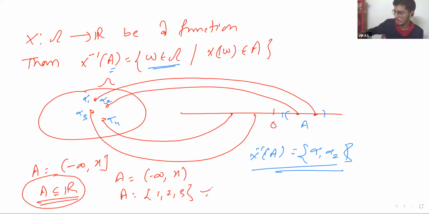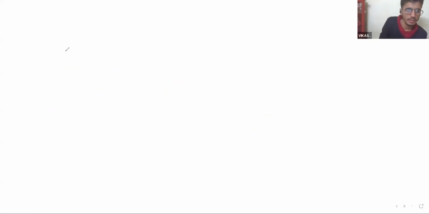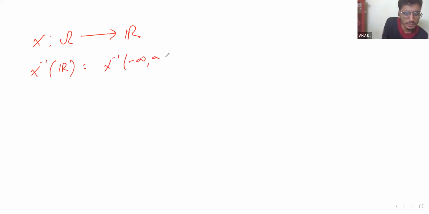So if I am defining the function, you can observe some properties. What are the properties? If X is a function from omega to R, what is the inverse image of R? That means X inverse of minus infinity to plus infinity. That is by definition we have taken that.